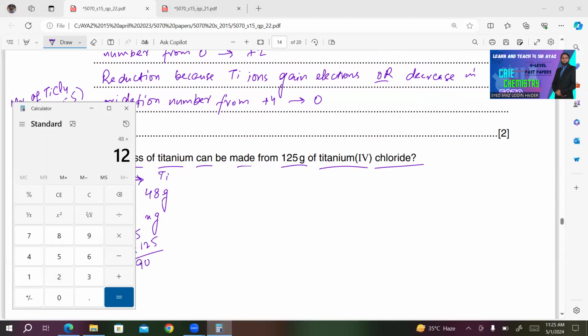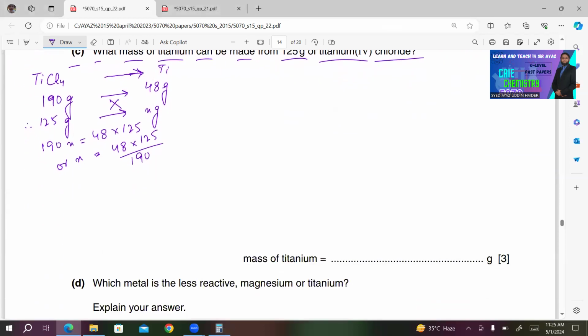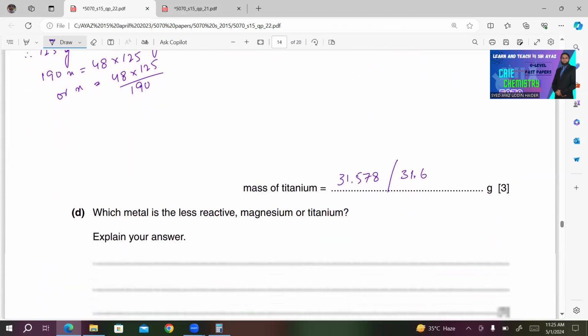That is 31.578. You can even round it off to 31.6. This will be the final answer.